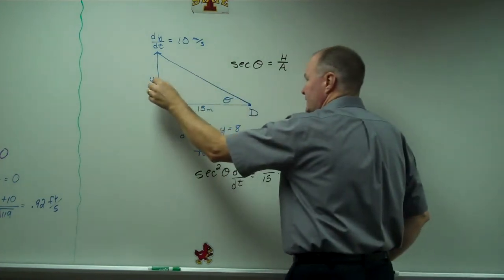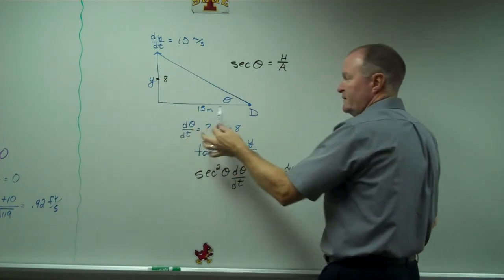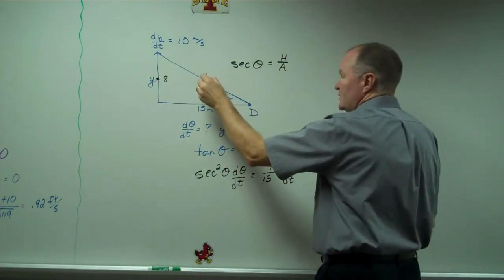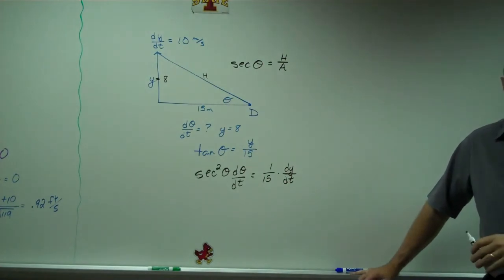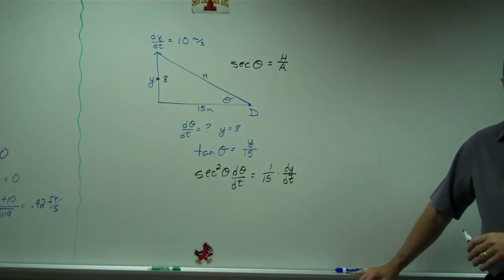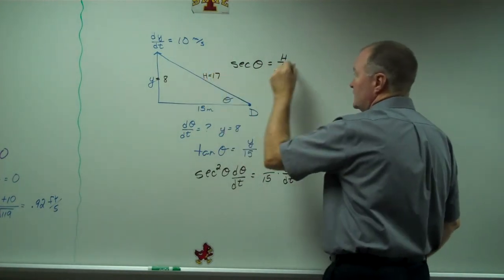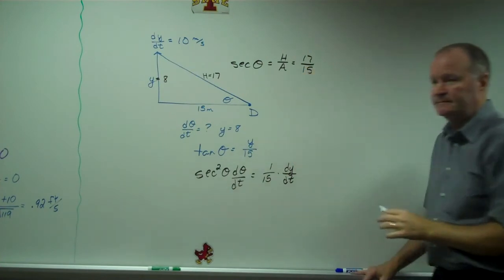Well, in the specific case here, y equals 8. That's 15. How do I find the hypotenuse? Pythagorean theorem, right? And I think it turns out to be 17, isn't it? One of those nice Pythagorean triples. So it's 17 over 15.